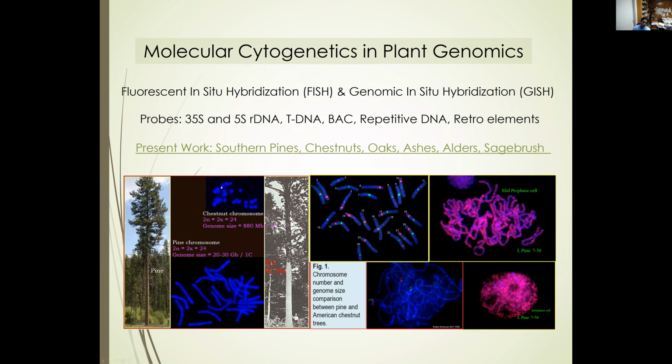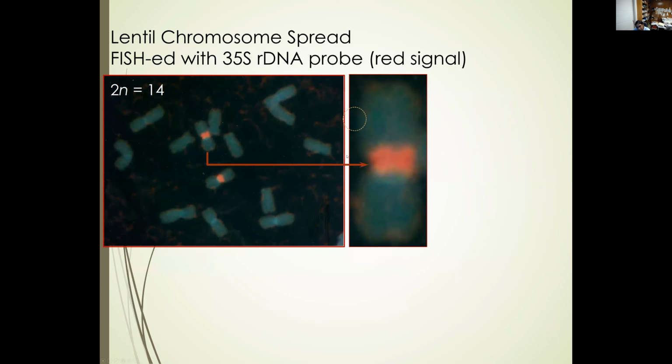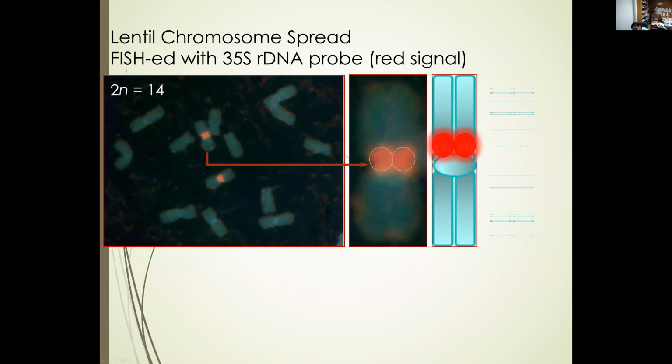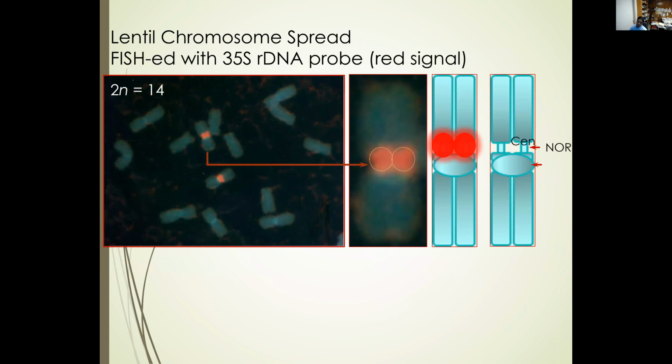I use Pro5S, 45S, T-DNA, transgenes, bacterial artificial chromosomes, repetitive DNA, retroelements, etc. Here I'm going to talk again about the chromosome, how a chromosome looks.